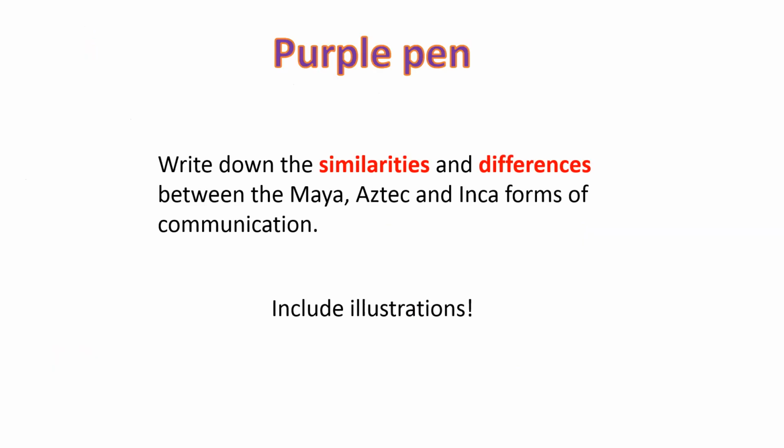And then for your purple pen, I want you to write down the similarities and differences between the Maya, Aztec, and Inca forms of communication. Include illustrations, draw pictures, and add captions to them. And when you're done, I want you to take a picture of your work and send it over to year4@grange.harrow.sch.uk. Well done, everyone.